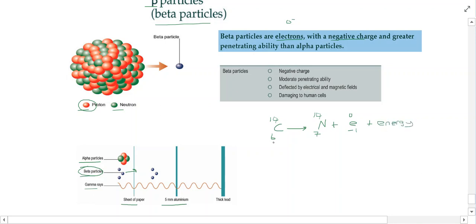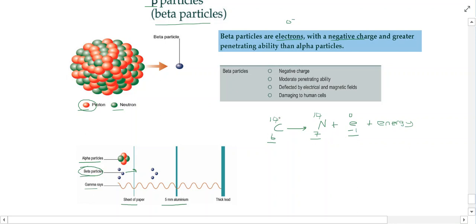Now what you'll notice is, what has happened to the carbon when it undergoes beta decay? Essentially the atomic number is increasing by 1. Carbon has 6 protons, nitrogen has 7. So where does it get this extra proton? And why is it giving off this electron?